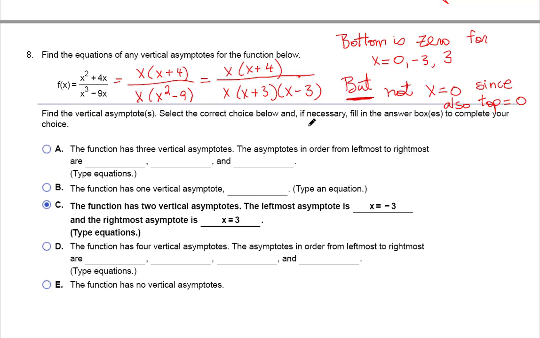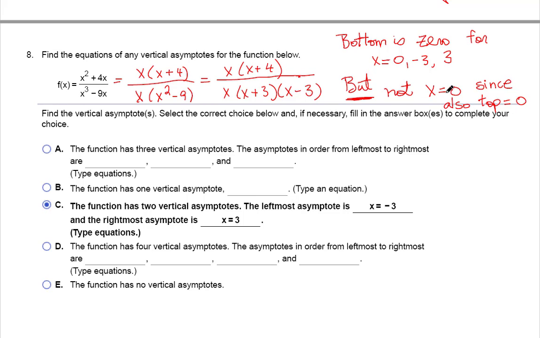But wait, remember, a vertical asymptote must occur at a place where the top is not 0. That's why I factored the top as well, because yes, x equals 0 makes the bottom 0, but it also makes the top 0.